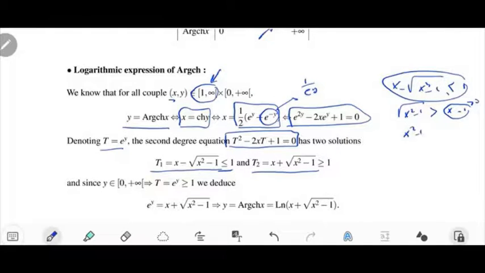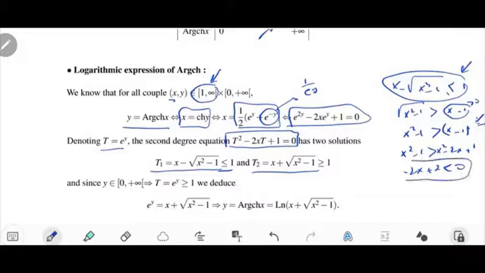Then we should have x² minus 1 greater than (x minus 1)². This is true if x² minus 1 is greater than x² minus 2x plus 1, which means that minus 2x plus 2 is negative, and this is true because x is greater than 1.